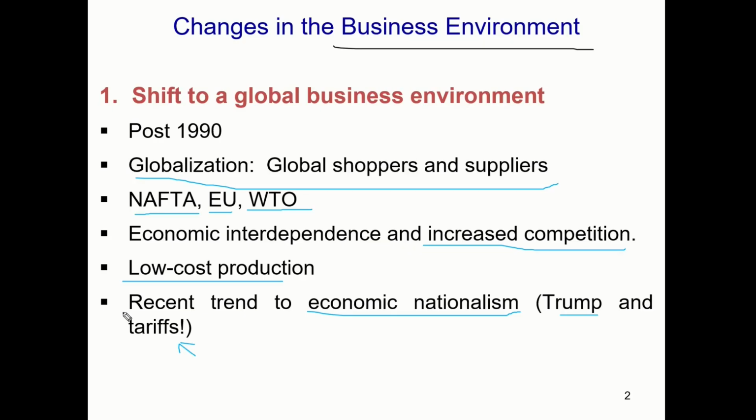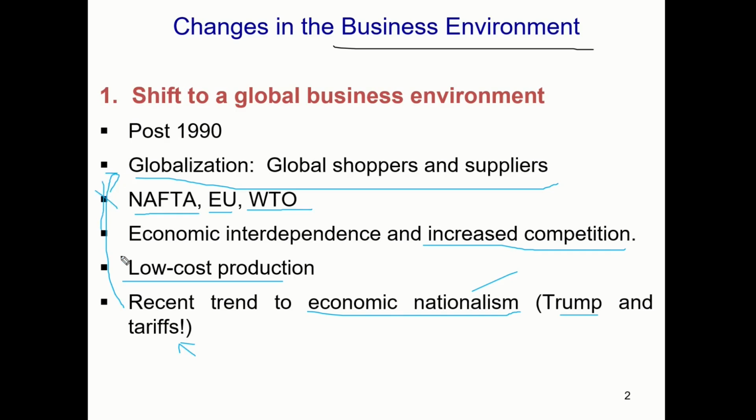And that's not only President Trump. Also in Europe, there is an environment where people are looking at economic nationalization, basically not globalization. For example, Brexit, England exiting the European Union. So this is a recent trend. Again, we don't know what's going to happen, but this would go against the idea of globalization.